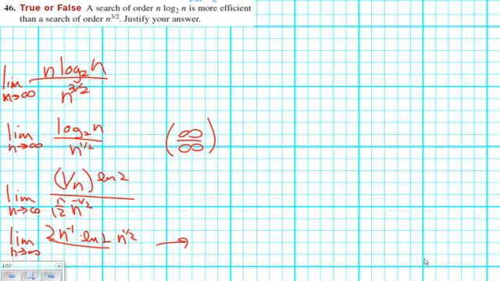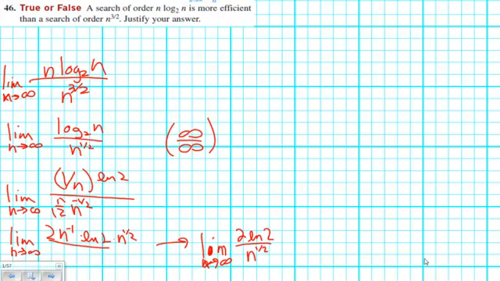And what do I end up with? I end up with a 2 natural log 2 on top, and on the bottom I end up with n to the 1/2. Would you check my algebra there? I've got 2 exponents. This one's negative and it's bigger, so it's going to be on the bottom. Yeah, I think I got that right.